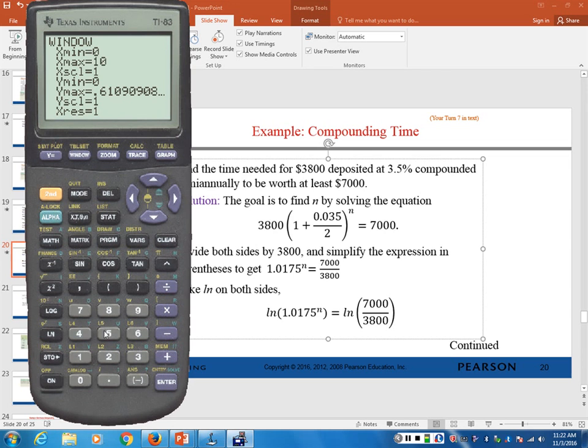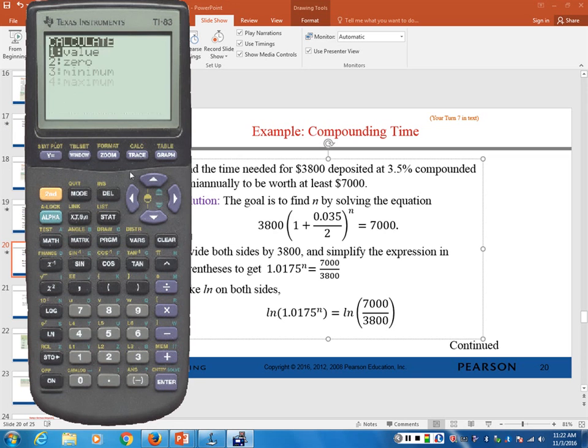So I'll go up to about 50. Now I want to see where those two cross.